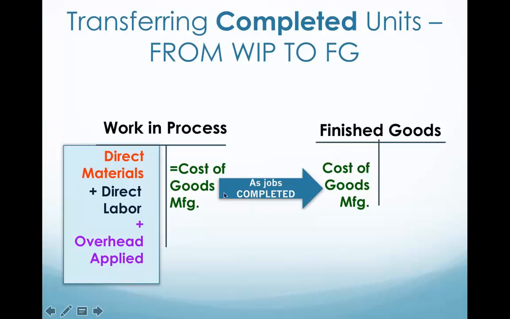That amount for that job becomes a credit and moves over to the finished goods as it gets finished. And that kind of makes sense if you think about it. A car that's being manufactured is either in process or it's done. So once it's done, then it moves from being in process to being done.